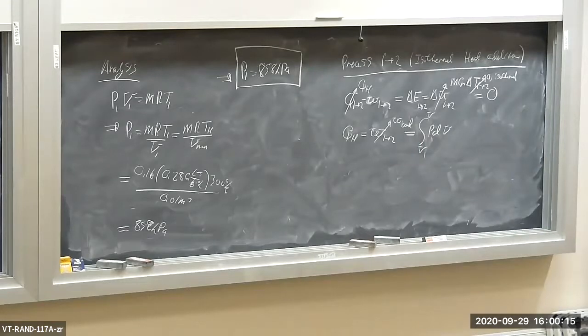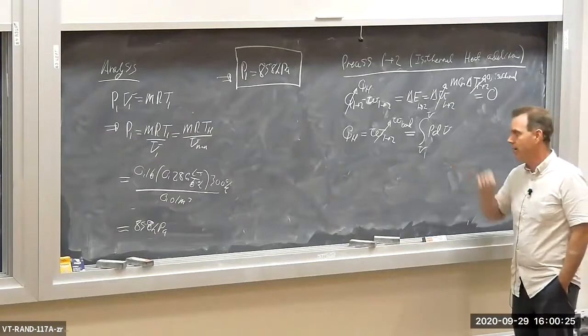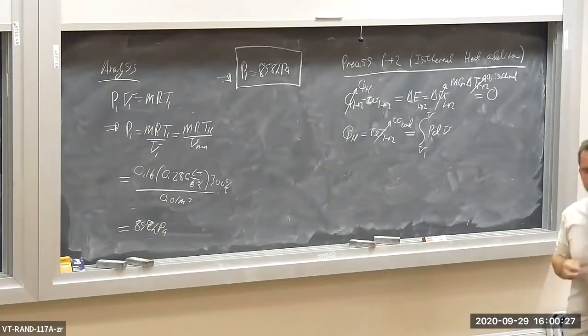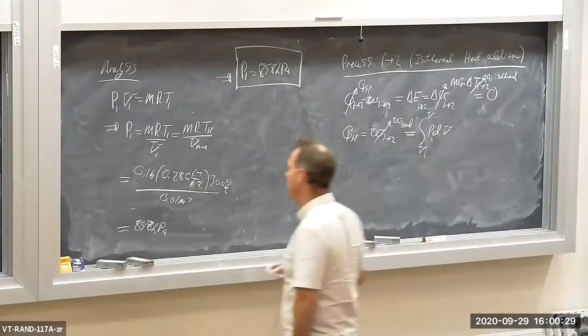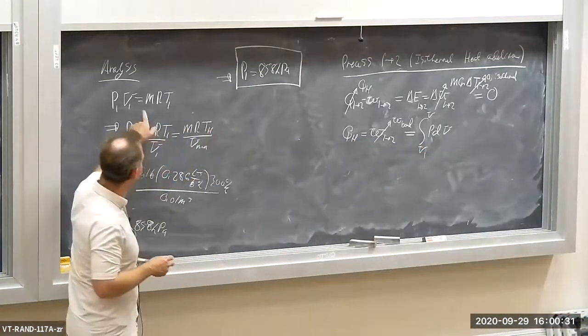Now, it may not look promising at the moment. This is an isothermal process. It's not an isobaric process. It's not an isochoric process. It's an isothermal process. So pressure is a function of volume for an isothermal process.